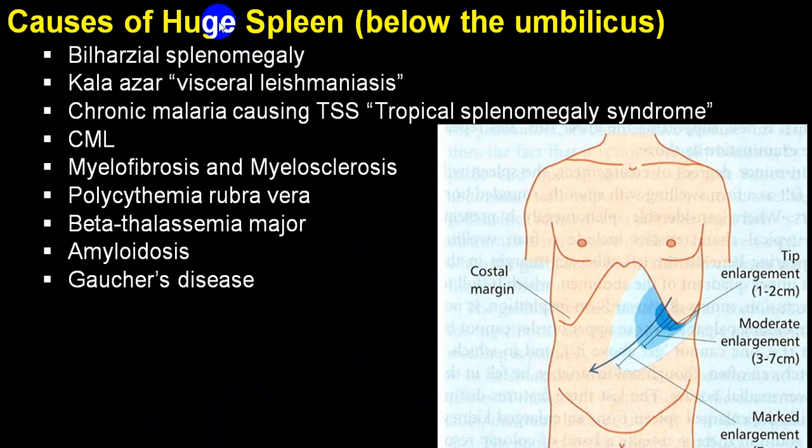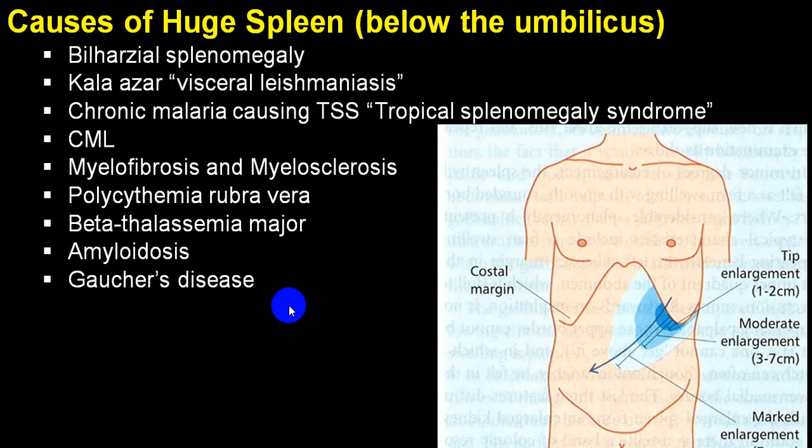I already mentioned the massive splenomegaly: Kala Azar, malaria, chronic myeloid leukemia, myelofibrosis, polycythemia rubra vera, thalassemia major, that is what we call hemolytic anemias, occasionally in case of amyloidosis and storage disorders.